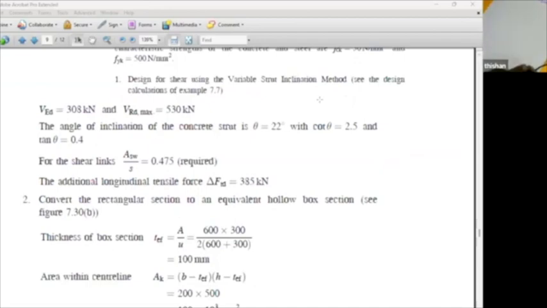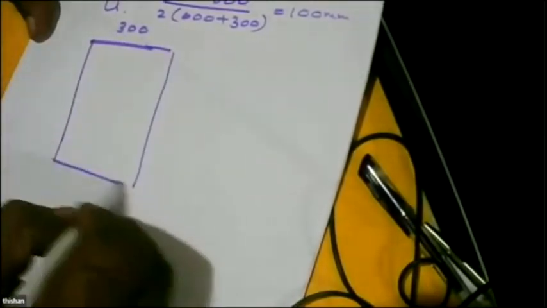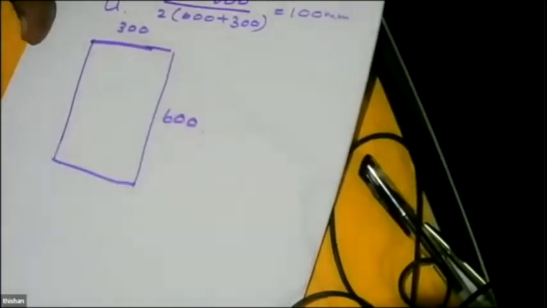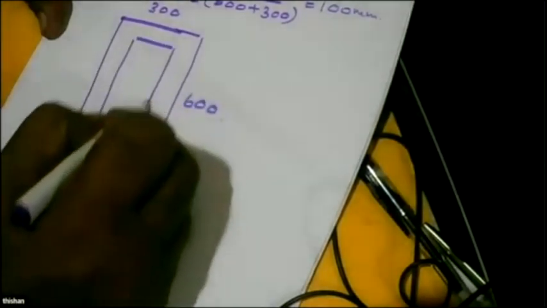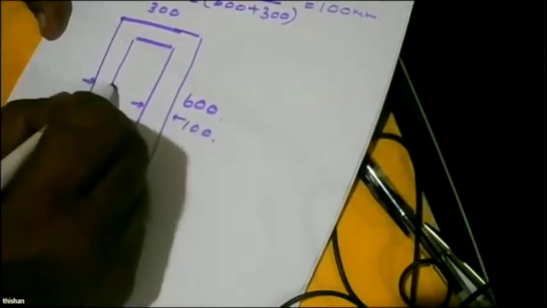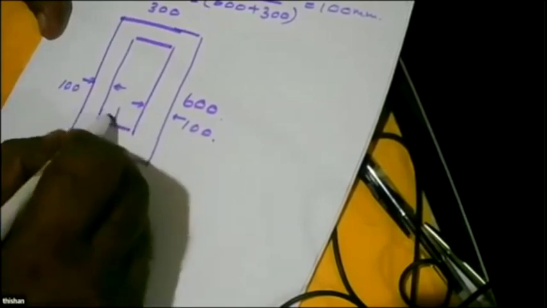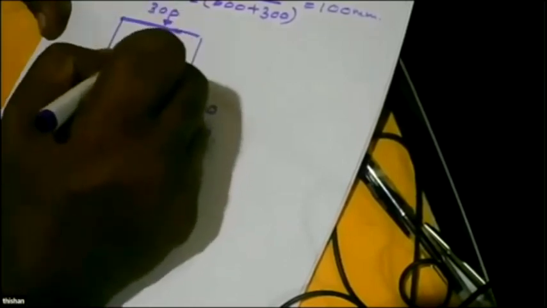So what has happened? We have a 300 by 600 section, and we have converted it to a section like this, 100 wide, and here also 100 wide.